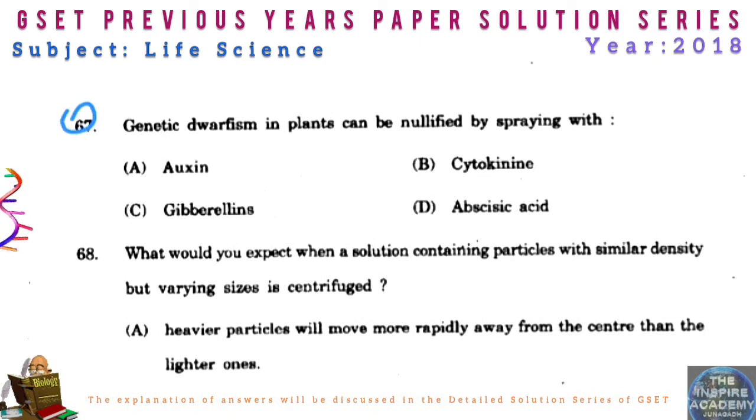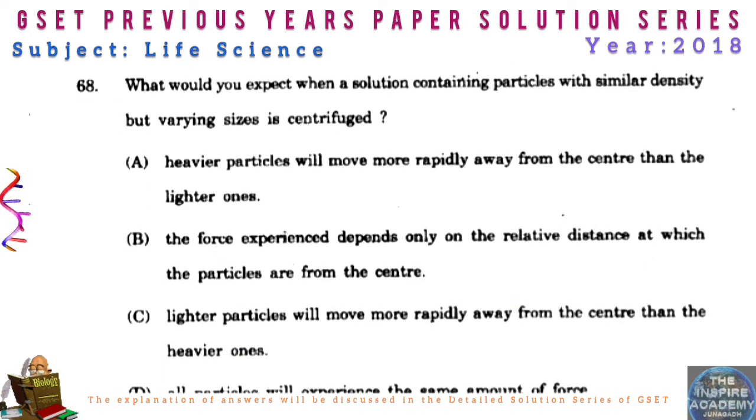Question number 67. Genetic dwarfism in plants can be nullified by spraying with gibberellins. Question number 68. What would you expect when a solution containing particles with similar density but varying sizes is centrifuged? Heavier particles will move more rapidly away from the center than the lighter ones.